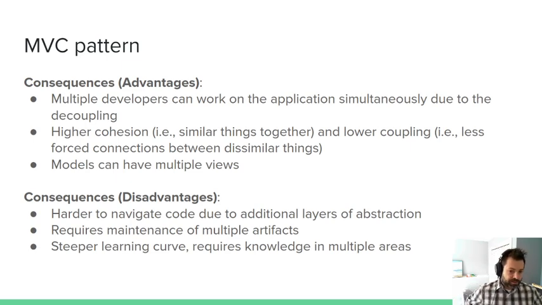So we have consequences, advantages and disadvantages basically. Advantages, obviously, we have a lovely reuse capability, maintenance capability, and the capability for multiple people to work on things at the same time because we are not impacting each other by doing that. So this is called decoupling. We also have this notion of higher cohesion. And this is something we haven't really talked about yet.